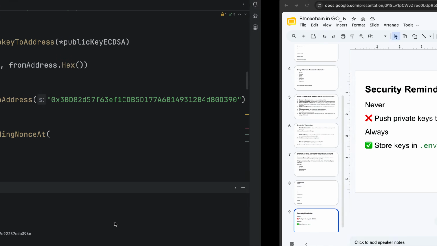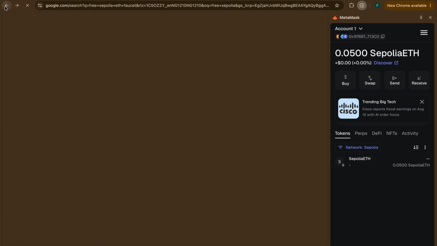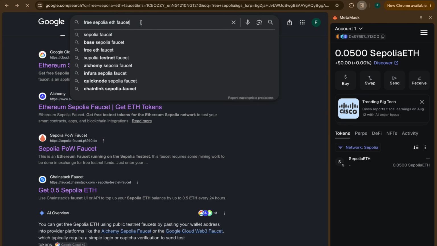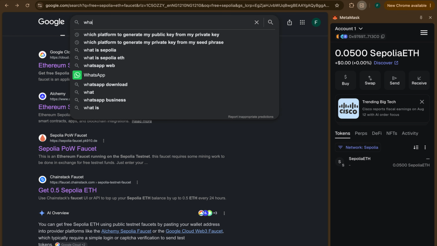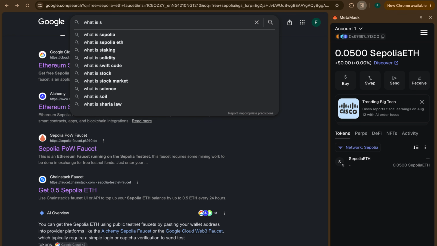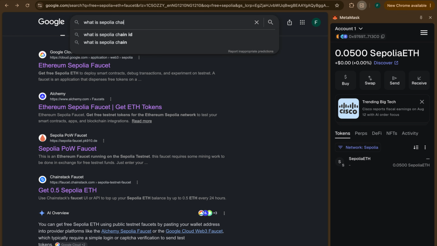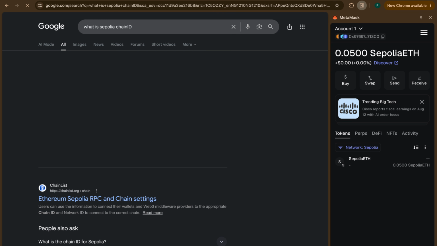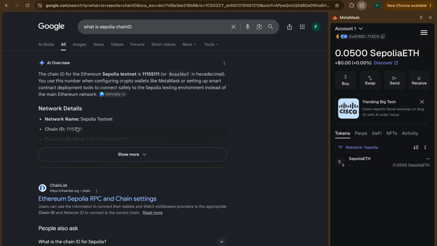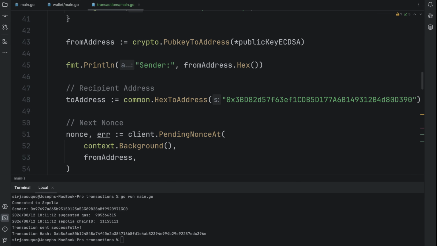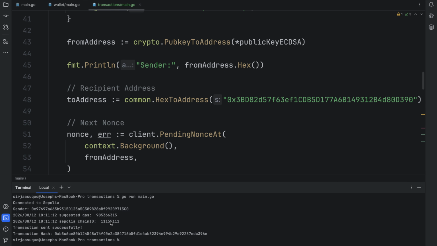If you do a quick search, for example, what is Sepolia chain ID, you can see 11155111. So it tells you that we are sending it to the Sepolia network.